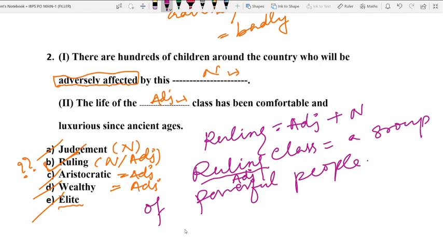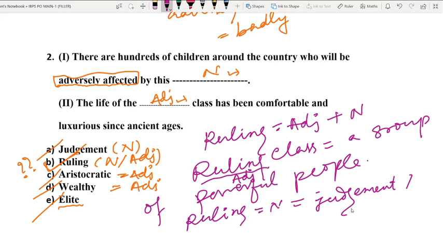And whenever you use ruling as a noun, it gives the meaning that is a judgment. Ruling refers to a judgment or a decision by the court.